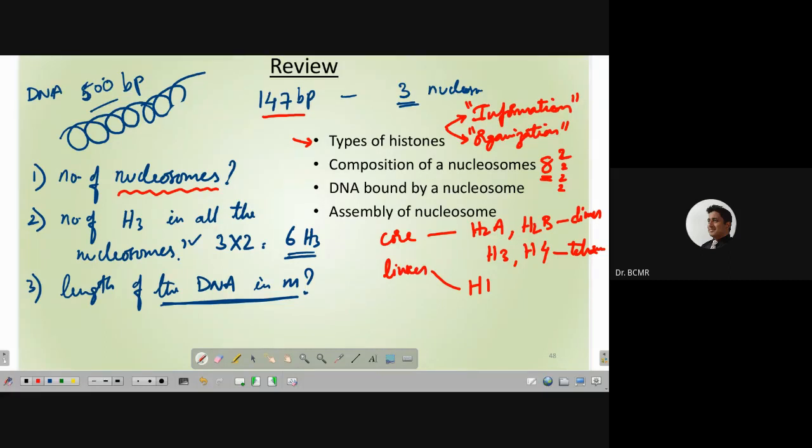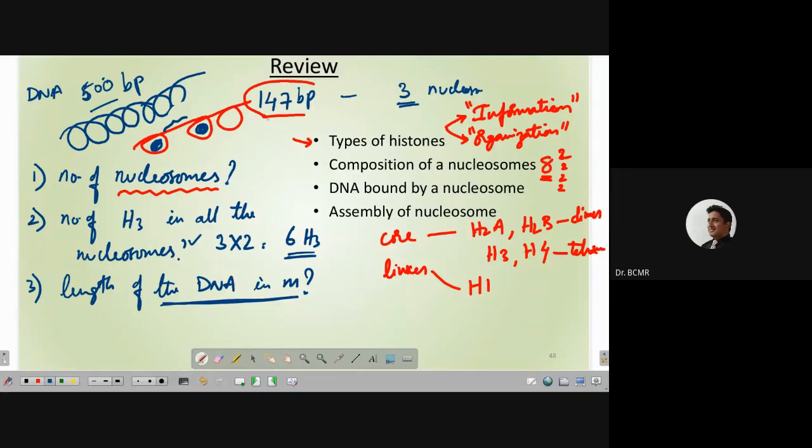We also learned about the region between nucleosomes, right? This is a nucleosome, this is another one, and so on. There is a gap. For example, this part is the linker DNA between 2 nucleosomes. The spacing between nucleosomes could vary within a species and among different species as well.